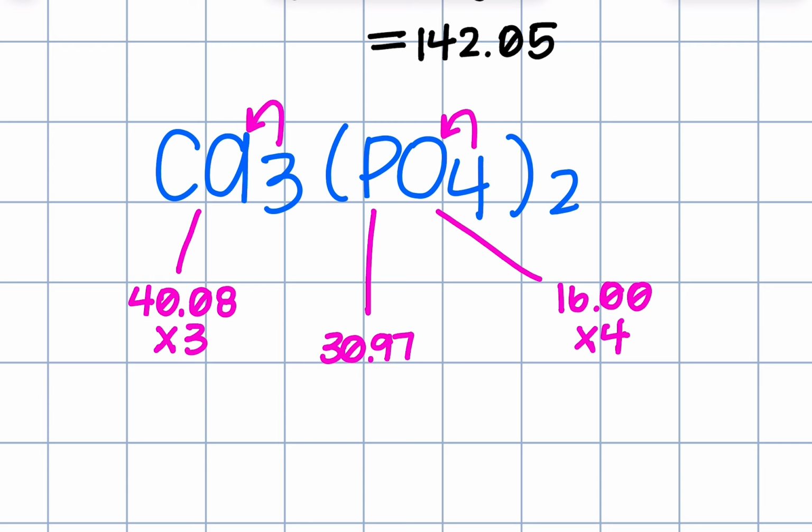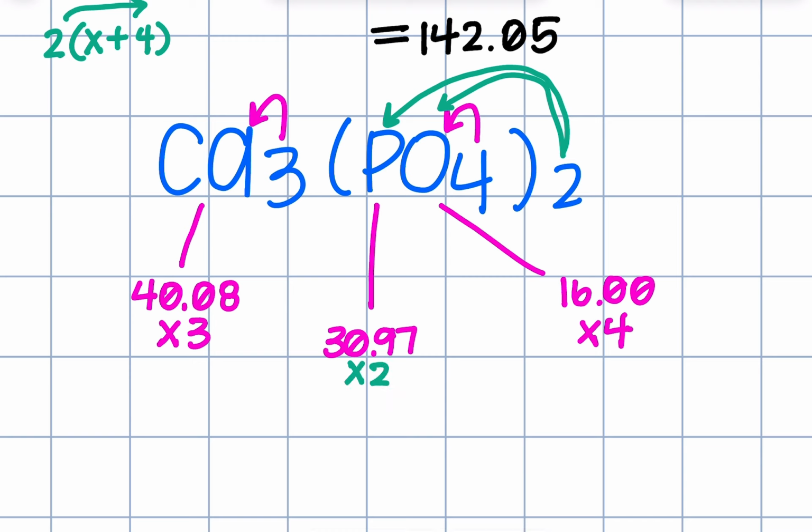Just like in algebra, if I have a 2 on the outside of a set of parentheses like this, that 2 gets distributed throughout that entire set of parentheses. We're going to do that here. So my 2 gets multiplied by my oxygen, and my 2 gets multiplied by my phosphorus, times 2 times 2.